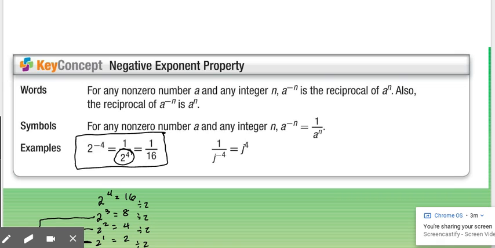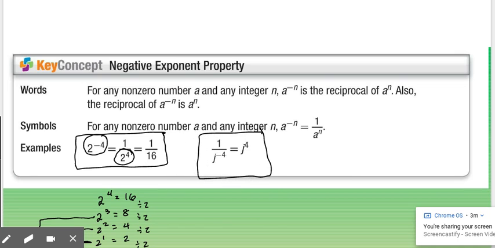This does not become a negative 2 to the fourth. Notice it's not negative 16, it's 16. Essentially, all the negative exponent does is put this on the bottom of the fraction as a positive exponent.